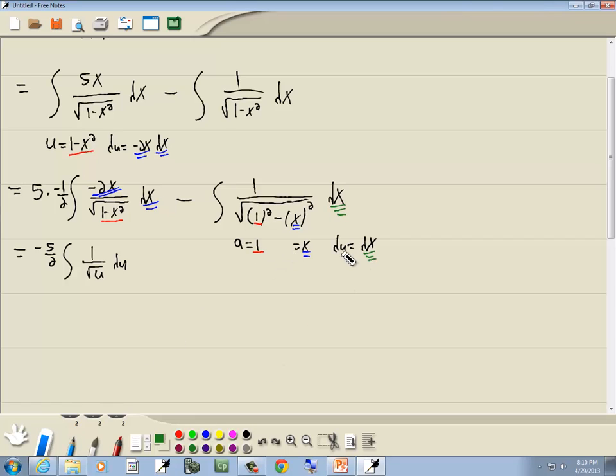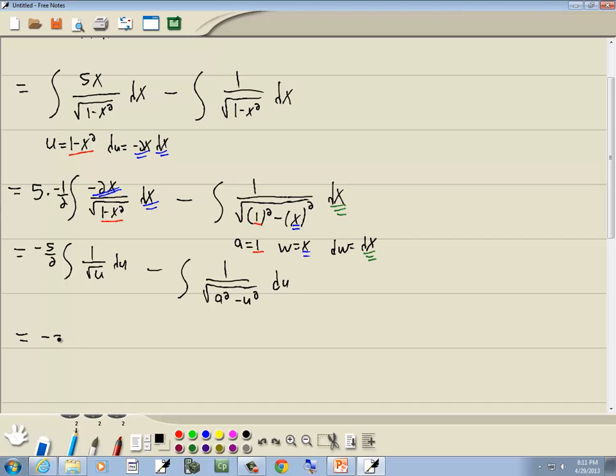Let me get rid of those. Let me choose w's. Oops. Wrong color. So that's w, and this would be dw. Why did I do that? Because we already got u's here, so I don't want to confuse the issue. So then this becomes minus 1 over square root of a squared minus u squared du, because everything's accounted for.